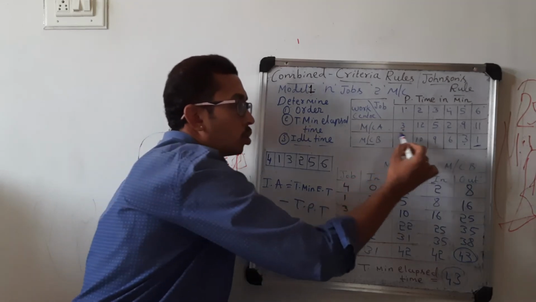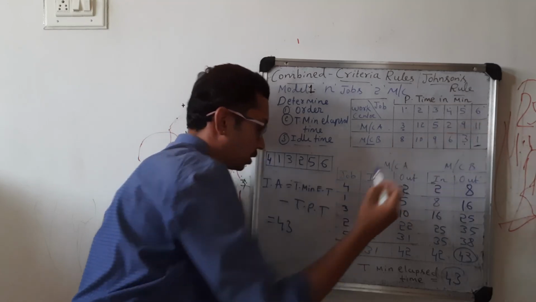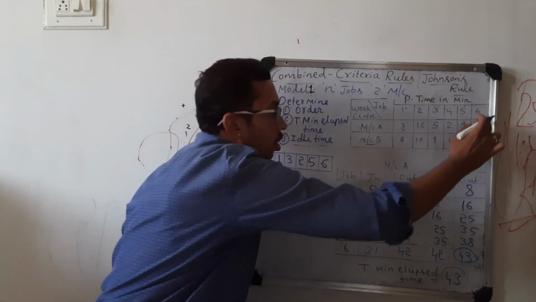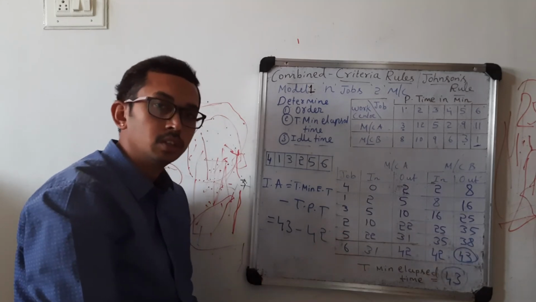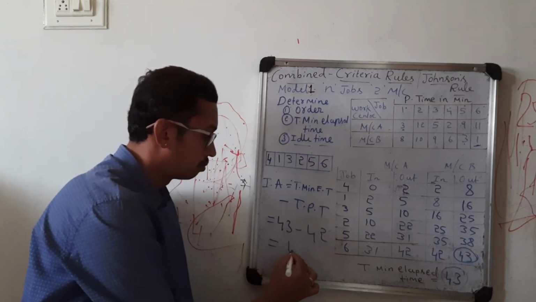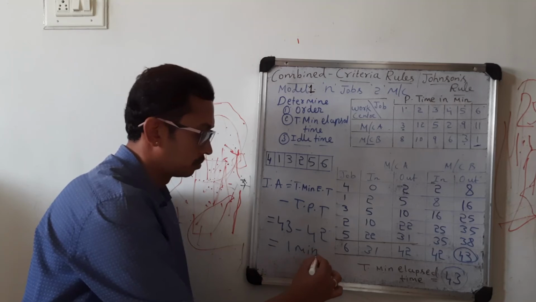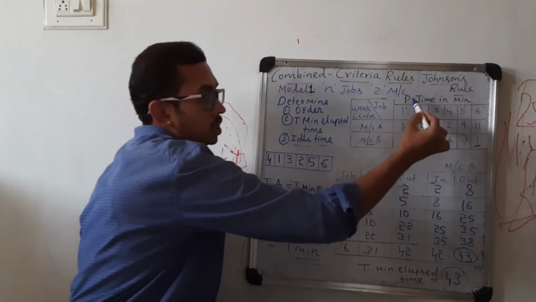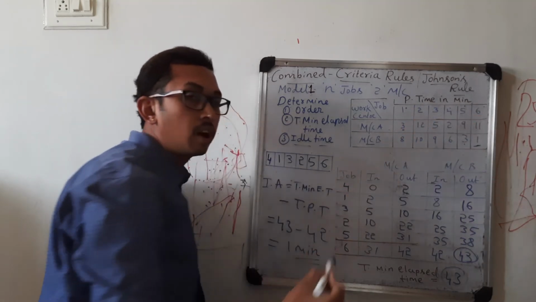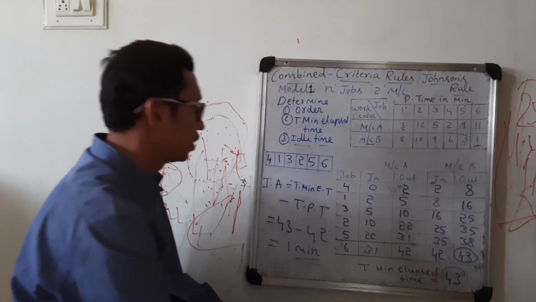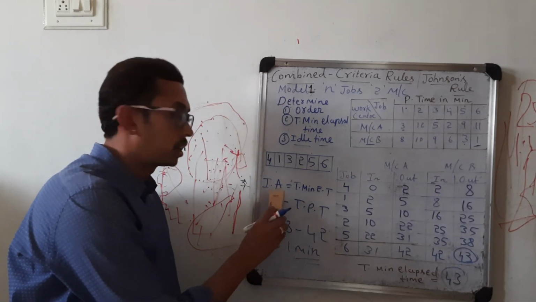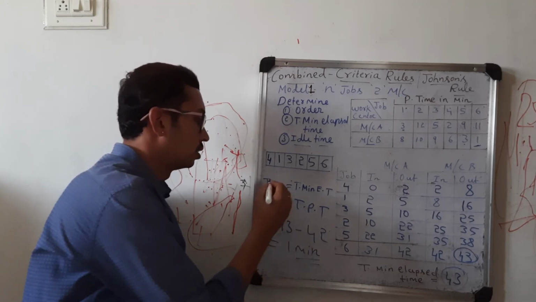As I told, the total processing time is the summation of these, so if you add all those things, you are going to get 42. So what is the idle time? It will be 1 minute, because processing time is given in minutes. Have you understood?